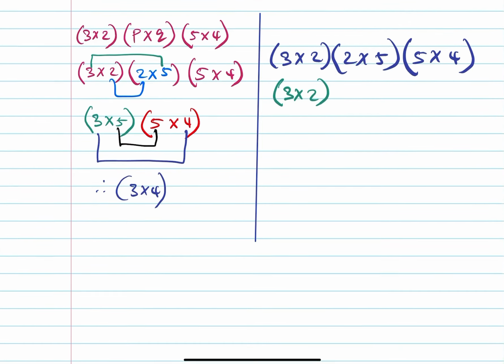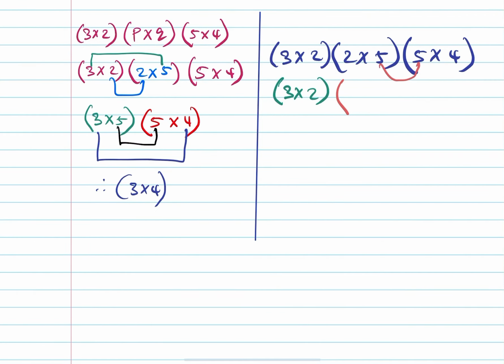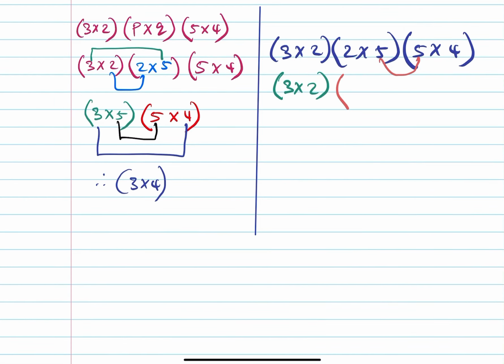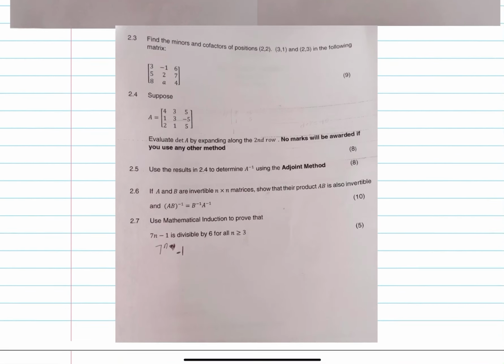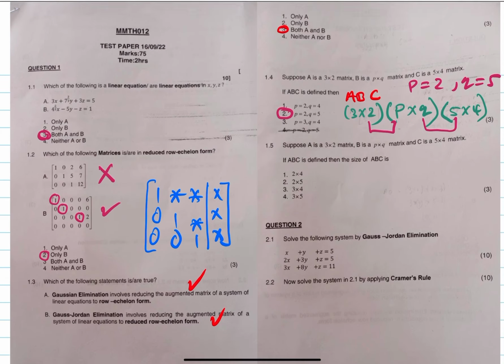You get these two guys are the same, so the result is 2 by 4. Now these two are the same, and they give you the end result of 3 by 4. So this was the other method. So you go and check if 3 by 4 is there. It is number 3. So number 3 was the answer there.